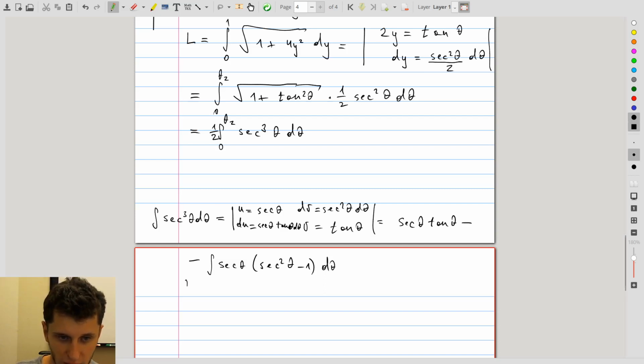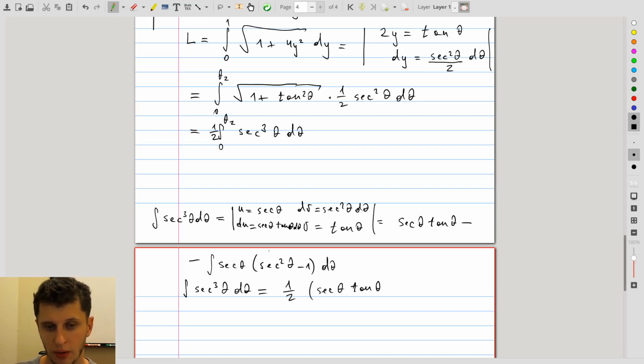So it follows that integral of secant cubed theta d theta equals 1/2 of secant tangent plus integral of secant, which I already know.